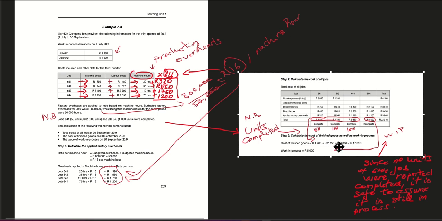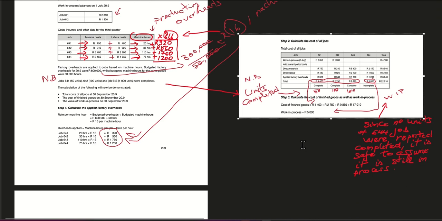The 4th job, as you can see, the 5,000, is work in process because it was not completed. Since no units of job 644 were reported completed, it is safe to assume that it is still in process. All right, so I trust that's quite clear.